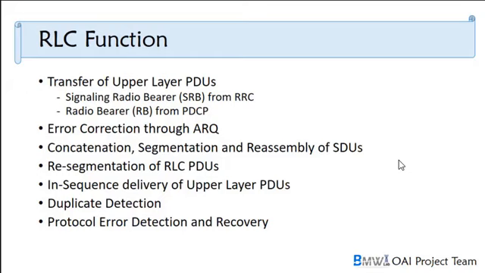In RLC we use ARQ, but in another part like MAC, we use HARQ, so it is a little bit different. And then resegmentation of RLC PDUs, which I will explain later. You can get this page from the specs.